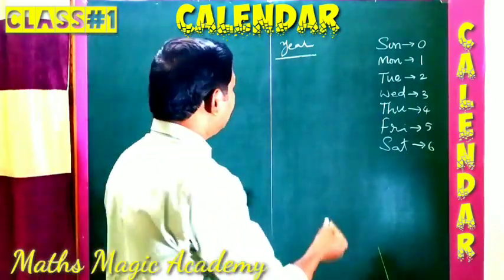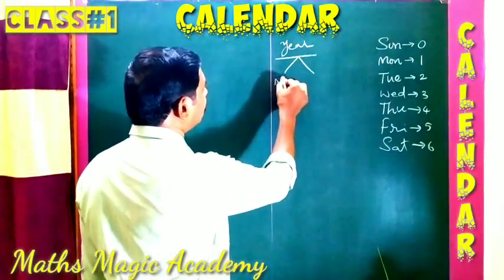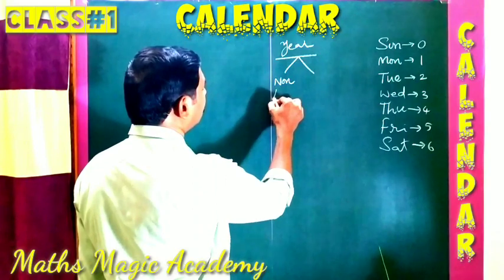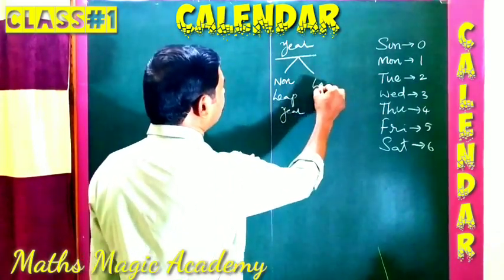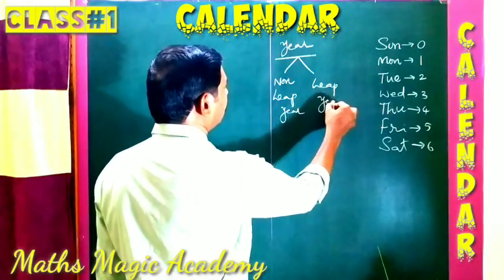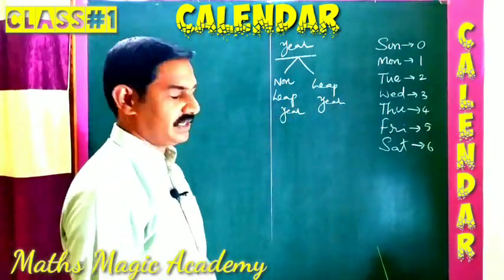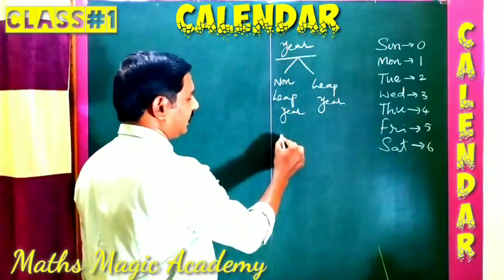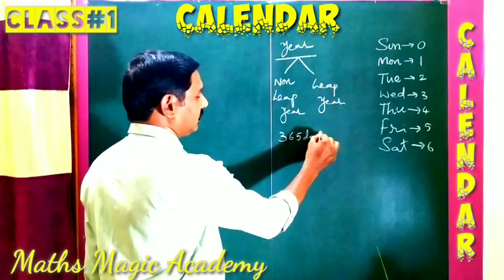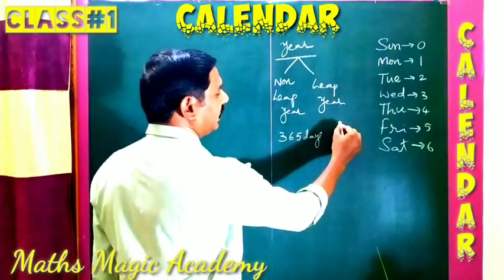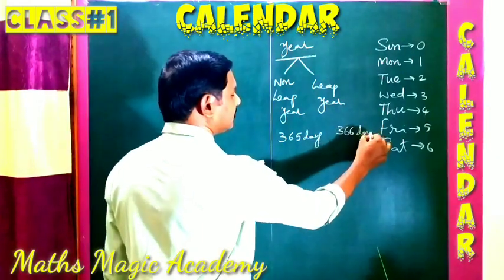Generally, there are two different types of years: non-leap year and leap year. If you go for a non-leap year, there will be 365 days, and a leap year has 366 days.